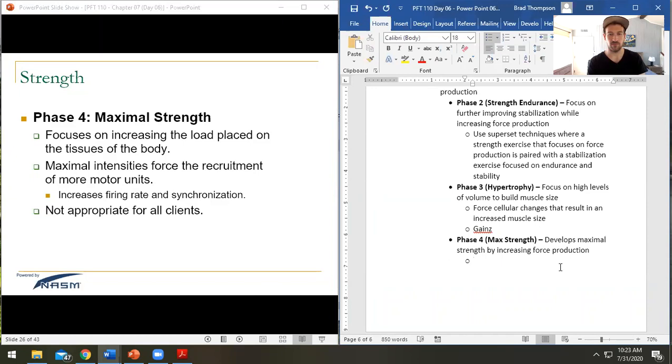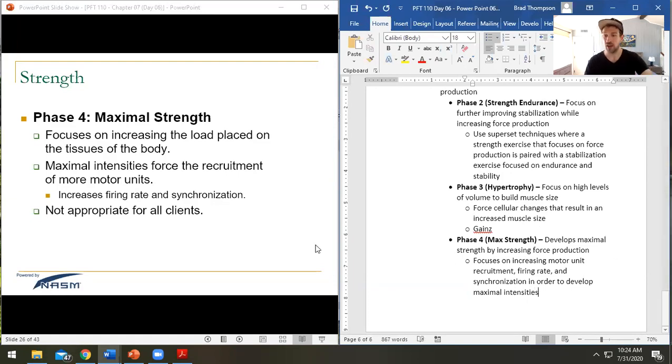It focuses on further increasing motor unit recruitment, firing rate, and synchronization in order to develop maximal intensities.